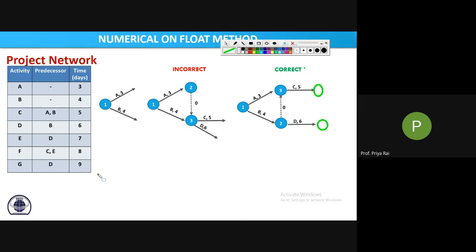We will write down the numbers also, following Fulkerson's rule. Now your E activity will start from this event, because E's predecessor is D. Clear? So we will write down the number also. You can give it 4, 2 to 4. Clear?